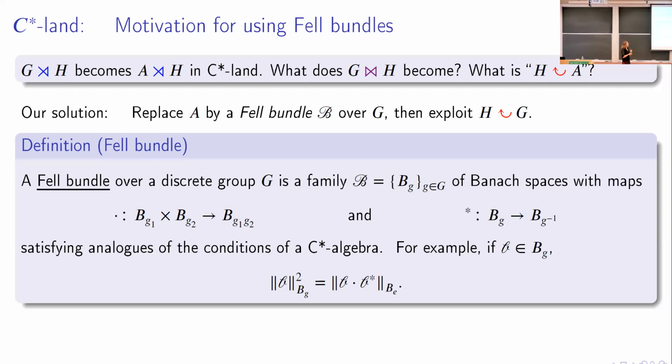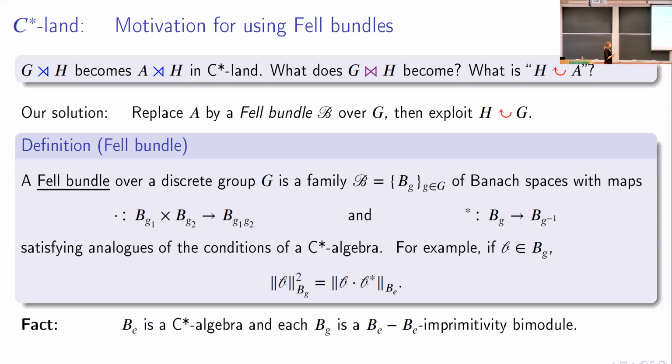So for example, if I take an element B in the fiber over G and look at its norm squared, then that better be the same as taking B times B star. So now, the B star is in B over G inverse. And if I multiply these together, I land in B over the identity fiber, right? And there's many, many other conditions, but this is the flavor of the types of conditions.